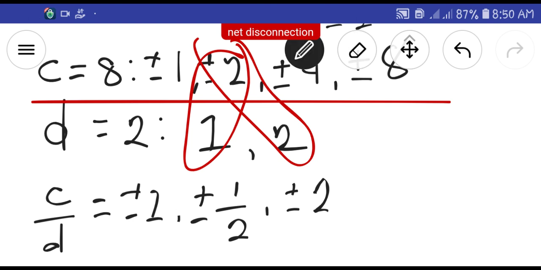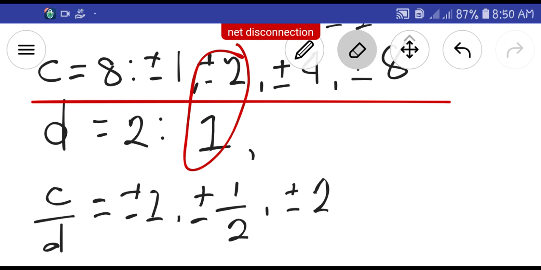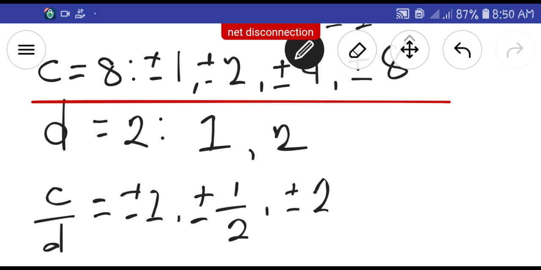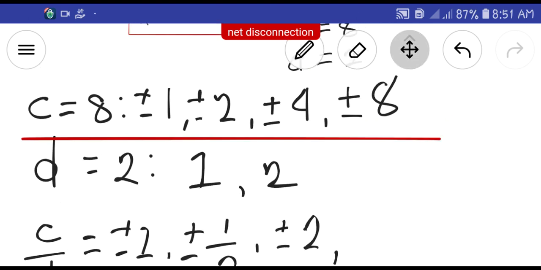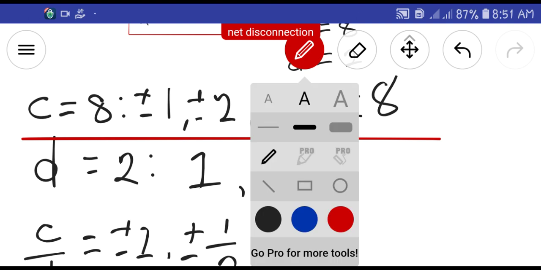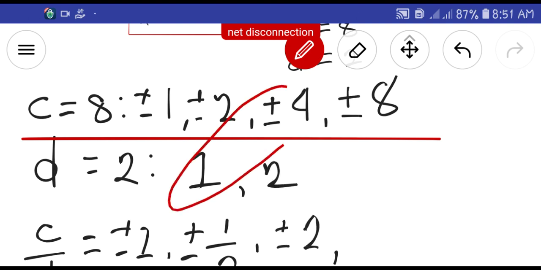The next one is 4 to 1, and then 4 to 2.